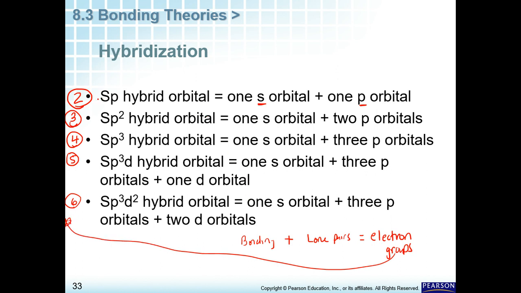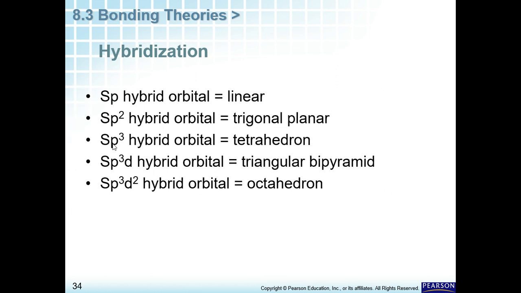If you have two electron groups off that middle atom, you have an sp hybridization. If you have 3 electron groups, you have an sp2, 4 gives me an sp3, and so on and so forth. Now, these electron groups correspond to hybridization. So if you have an sp hybrid, this is going to be your electron geometry: a linear shape.